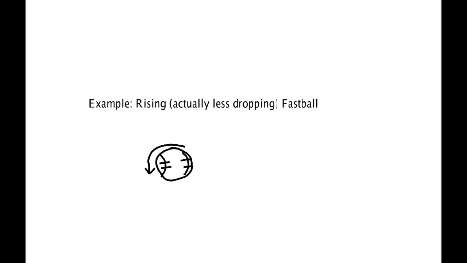In the baseball's frame of reference, it is not moving. It is the air that is moving, and the air is going in the opposite direction than the way the batter sees the baseball. So if the fastball is going this way, from the ball's perspective, the air is running into it in the opposite direction.